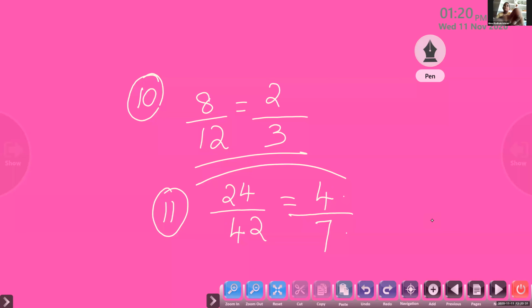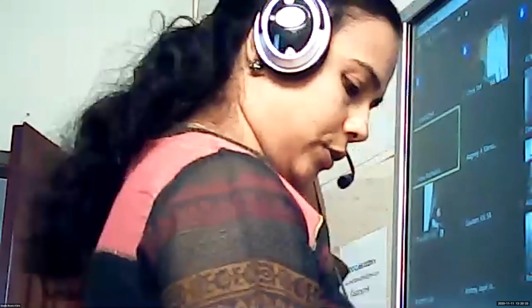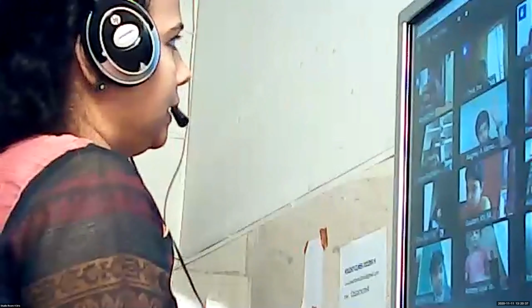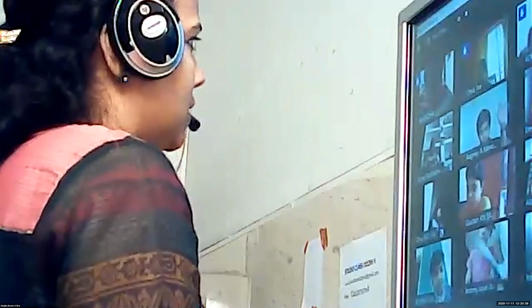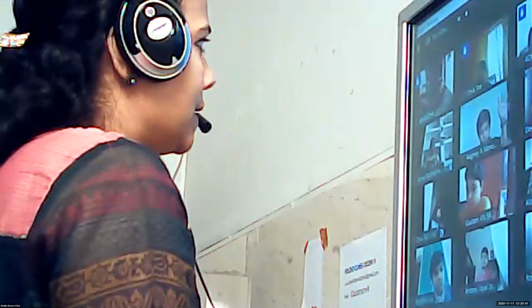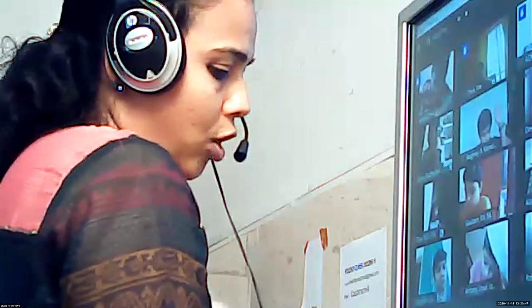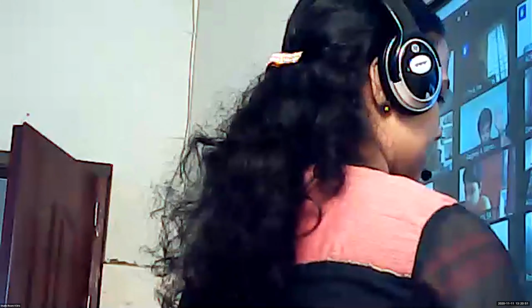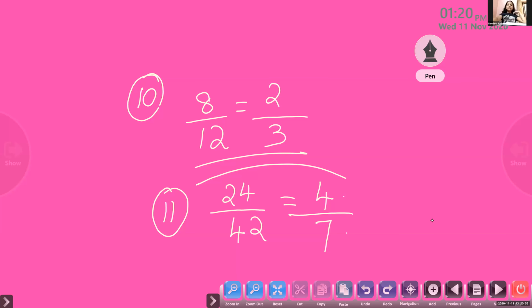Yes, ma'am. Now question number 12, children, you have to write the common factors of 12 and 48. For that, you have to write the factors first. All the children have to write the factors of 12 and 48. Then from that, you have to write the common factors. Okay?